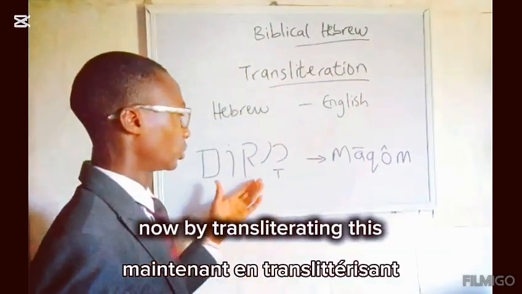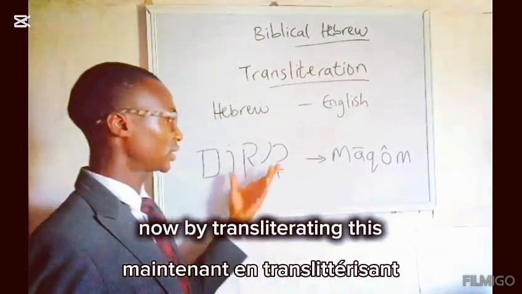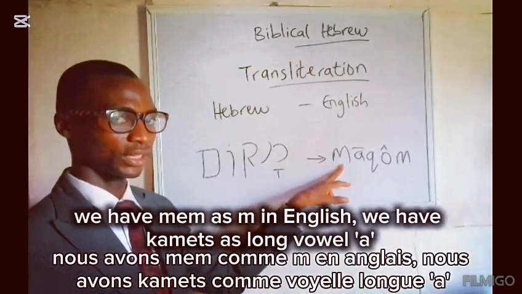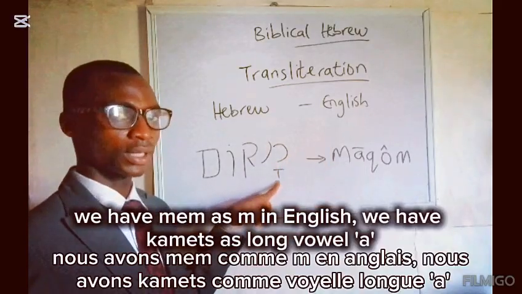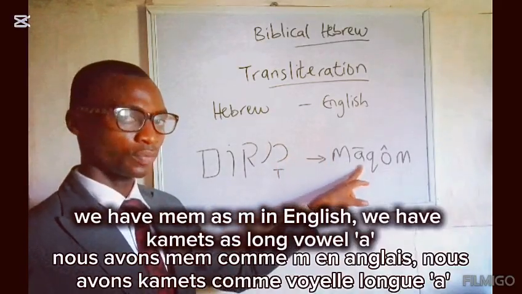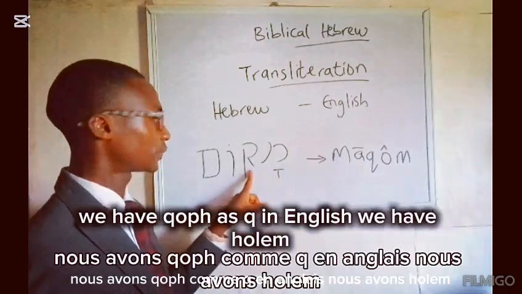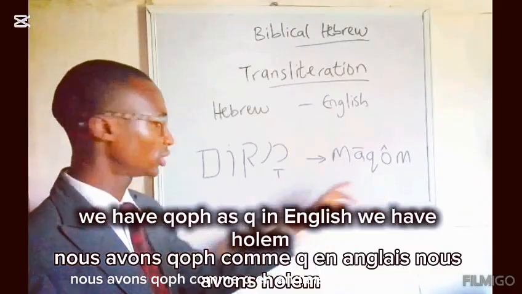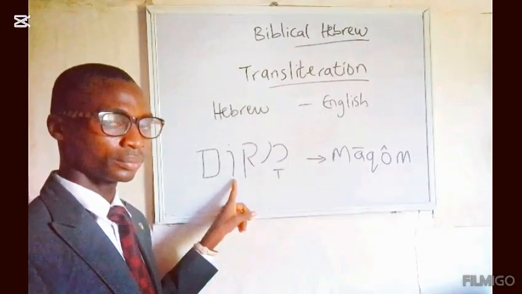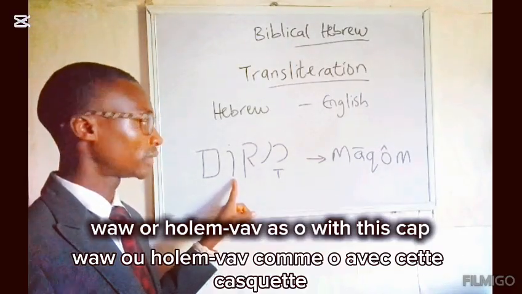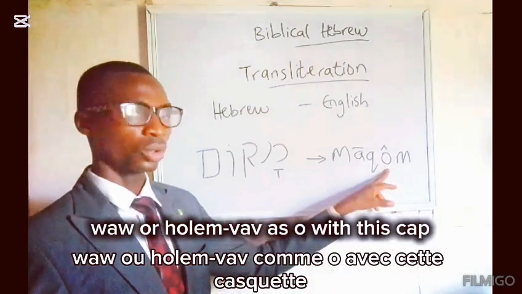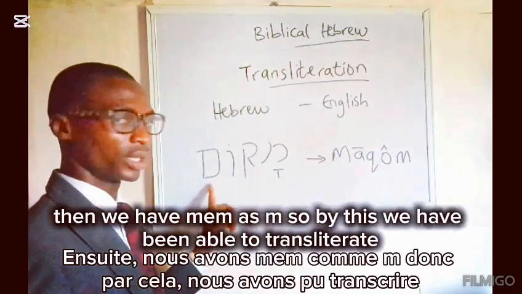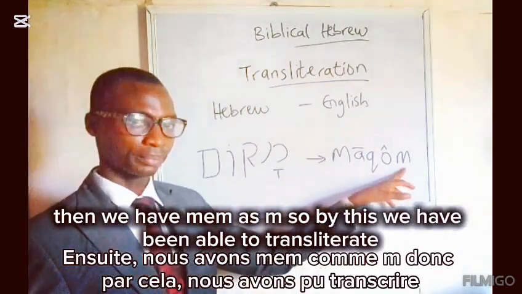So now, by transliterating this, we have mem as m in English. We have kamet as long vowel a. We have kuf as k in English. We have holem as o. Then we have mem as m.